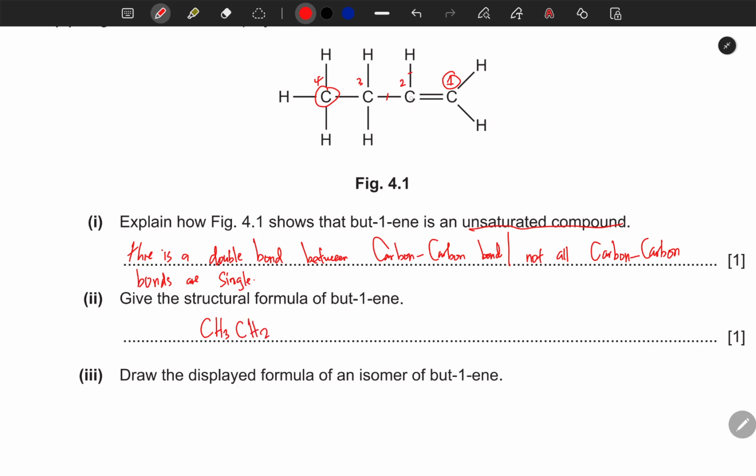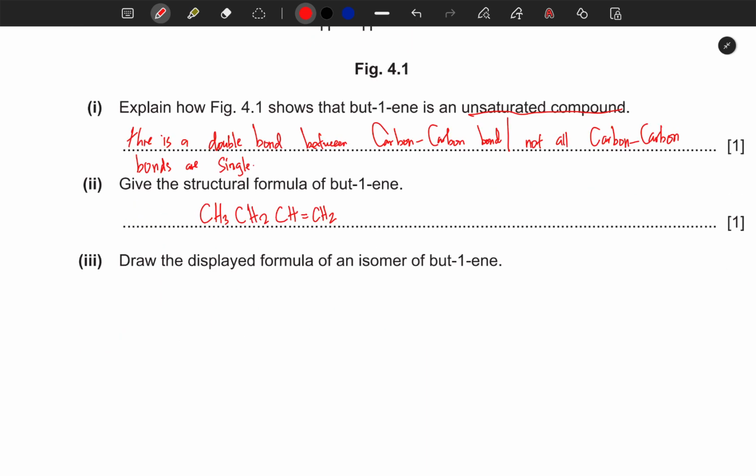The third carbon atom has 1 hydrogen. Then there's a double bond, you put it like that. Then we have a fourth carbon atom having 2 hydrogen atoms. That's a structural formula. There's a difference between a structural formula and a chemical formula. I hope you get the concept now.